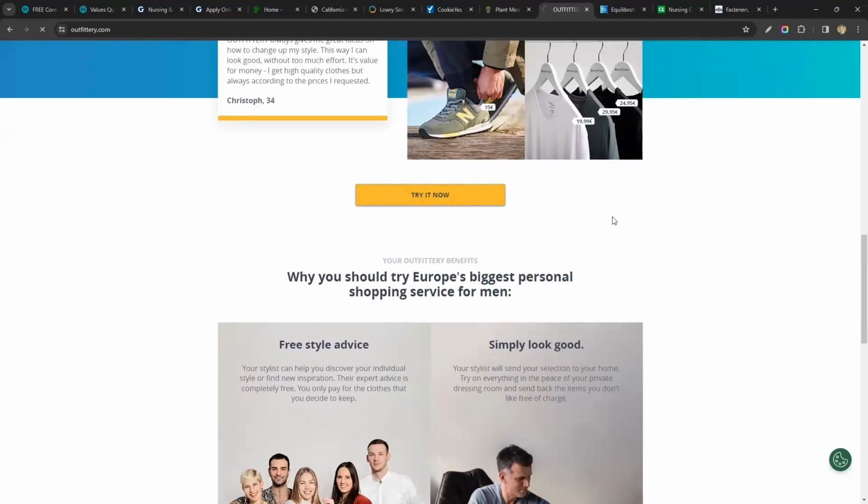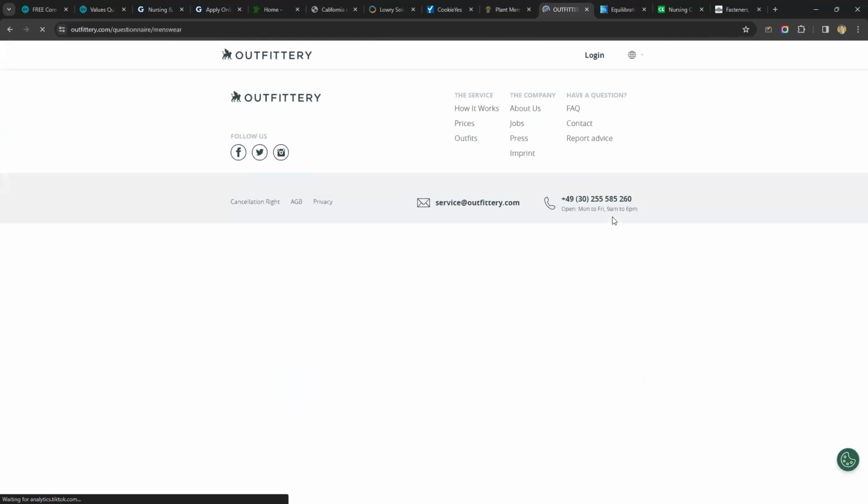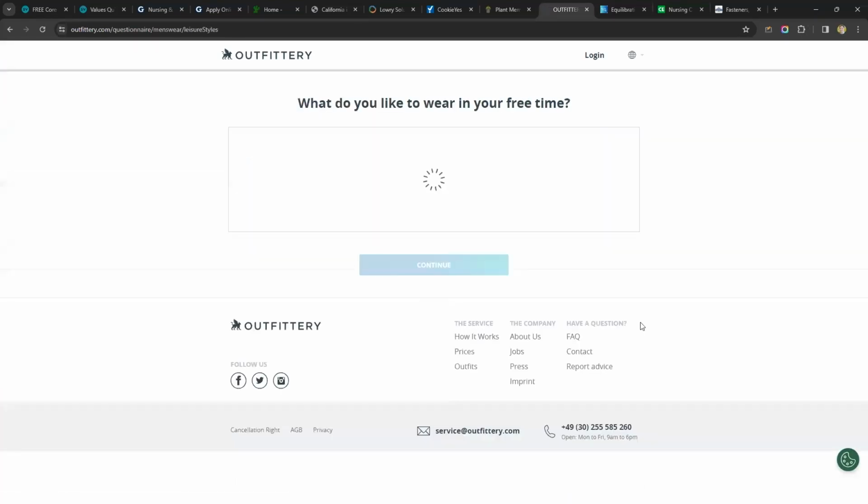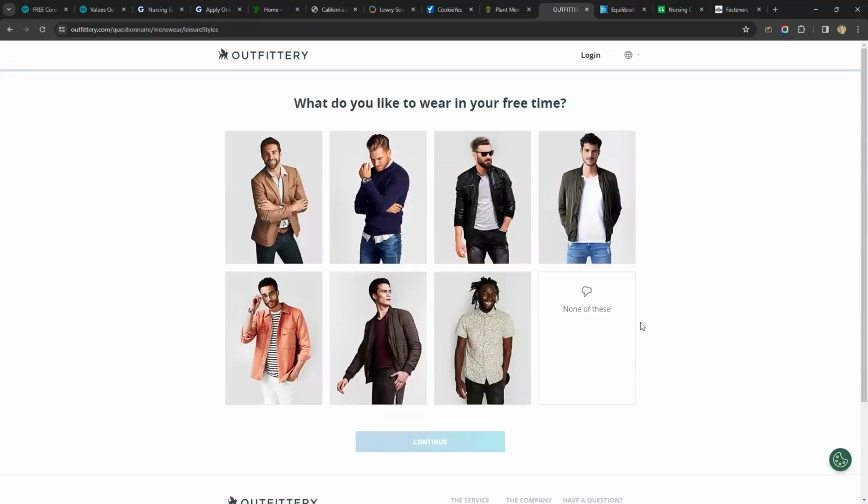If we go to the Try It Now page, and by the way, this could be slow because we're doing Zoom at the same time. But I will tell you, speed is absolutely critical. You need to make sure your site is fast both on desktop and mobile.